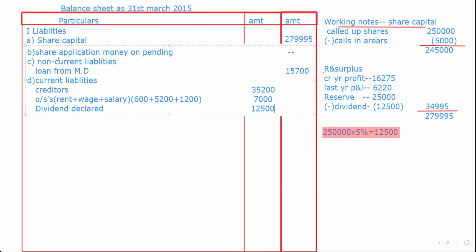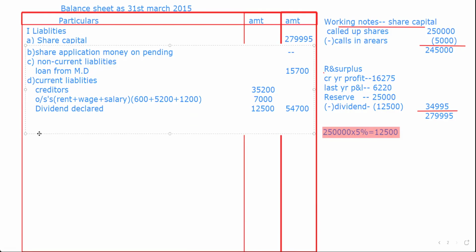Altogether I'm going to add it now and see what total I have got. So 35,200 plus 7,000 plus 12,500. I got the answer 54,700. So this is how I have completed my first portion of it.